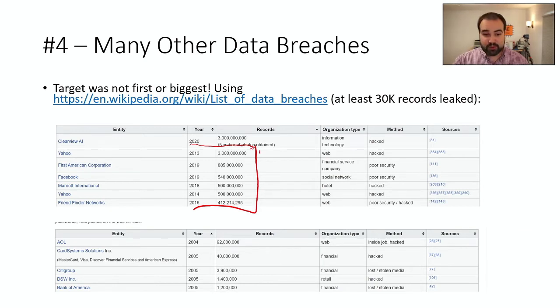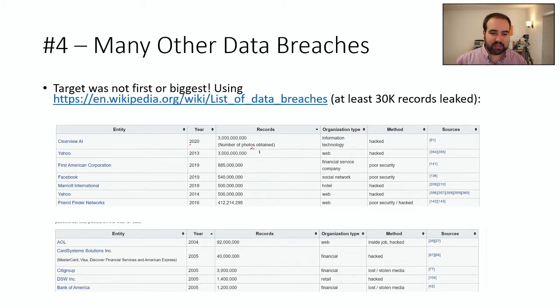In terms of the first, if we go back to 2004, this list only includes breaches with more than 30,000 records taken. There are a lot of smaller vendors and smaller companies that won't make that threshold, or some that may be totally unknown, so they also wouldn't be in this list.